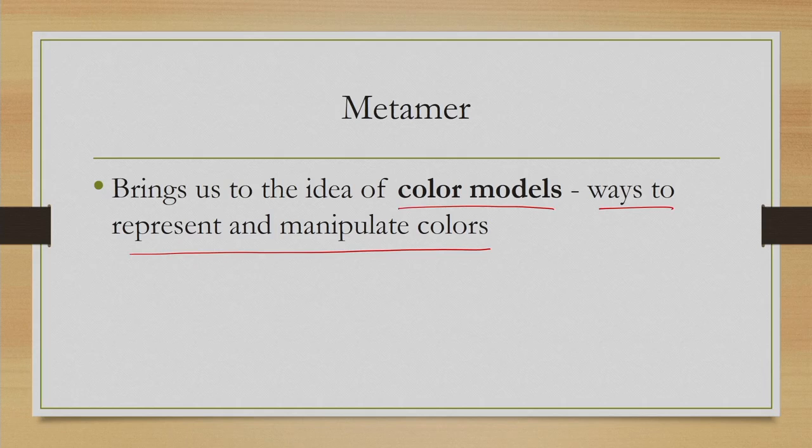That is the idea of color models. So, the idea of metamers brings us to the idea of color models, which helps us to simulate colored images. We can create the perception of a color using a color model, which is supposed to be a metamer of the actual spectrum.